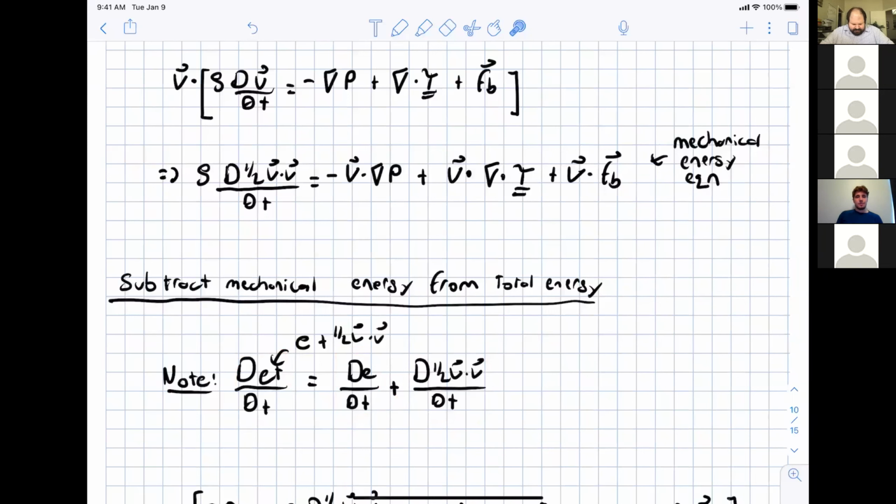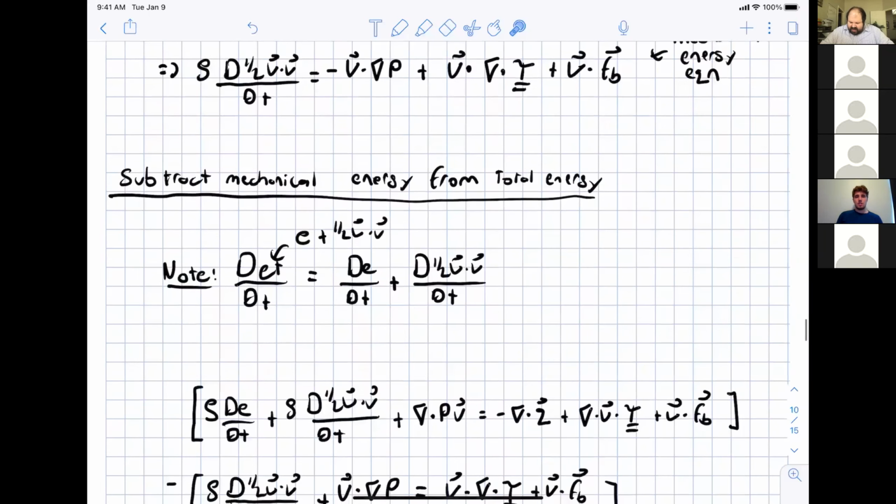That's just using the property where you have two terms added together. I'm going to use this identity on dE/dt, take the entire total energy equation, and subtract from it this mechanical energy equation here.